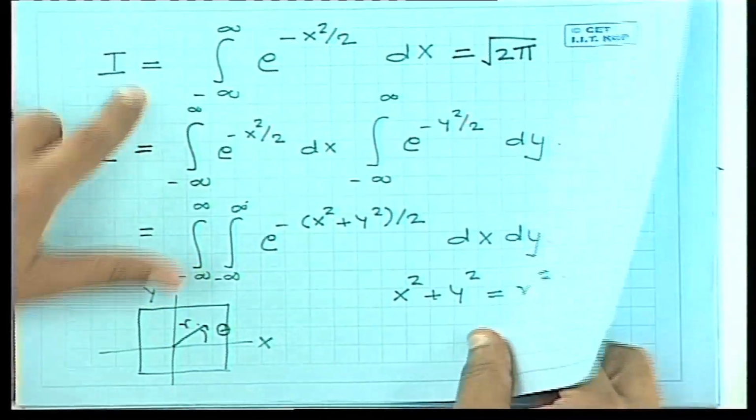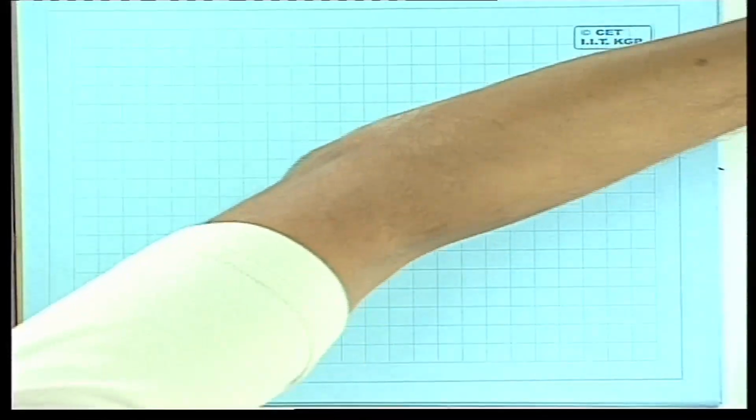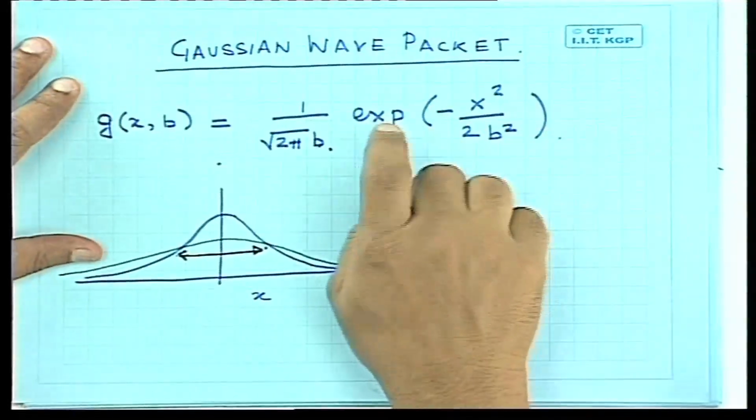Now with this result, let us go back to our original Gaussian, which is this.